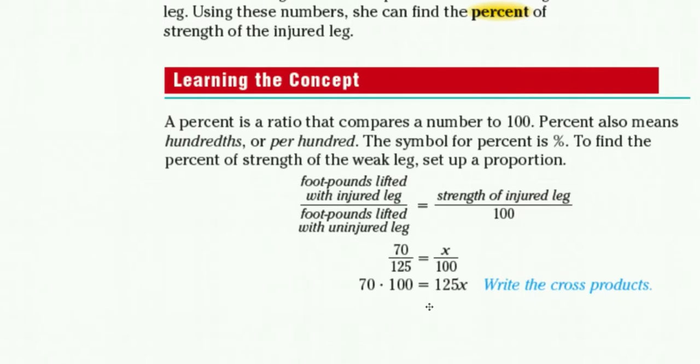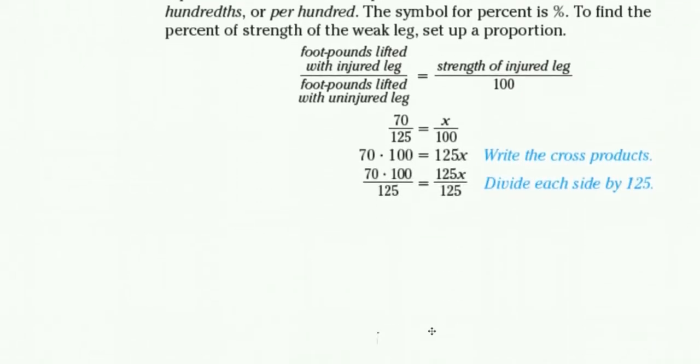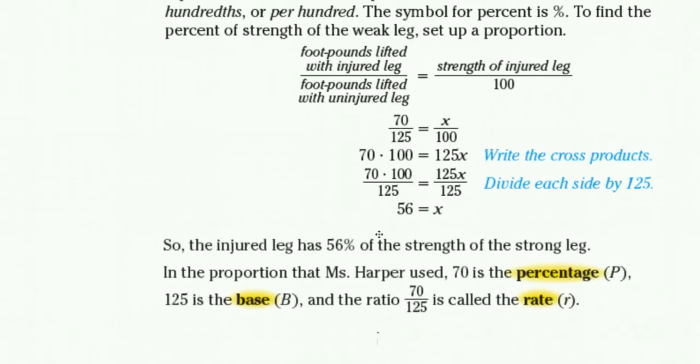We simply divide both sides by 125. So you have 7,000 divided by 125, and you'll end up with 56. So the injured leg has 56% of the strength of the strong leg.